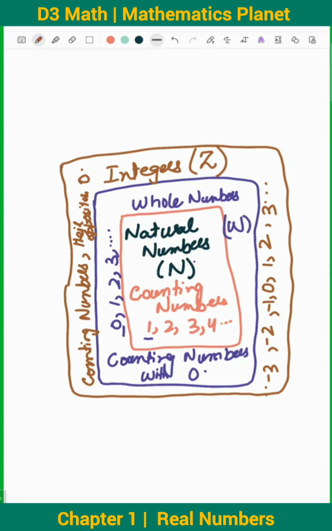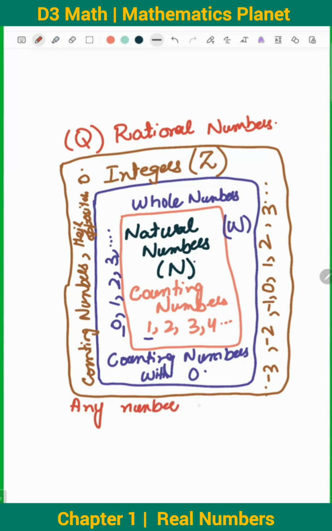The next set of numbers we have is a big set of numbers called rational numbers. It is Q. Q is denoted as rational numbers. So any number that can be written as a fraction. Okay.